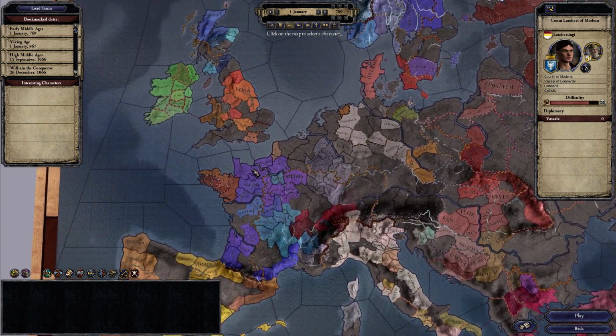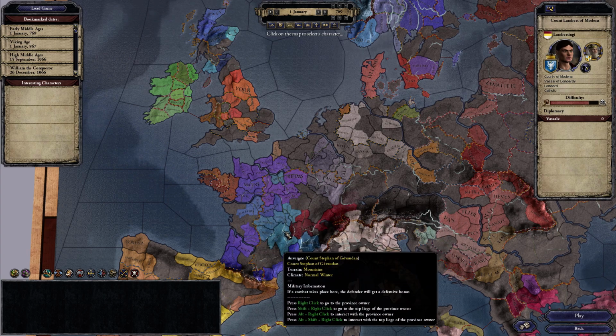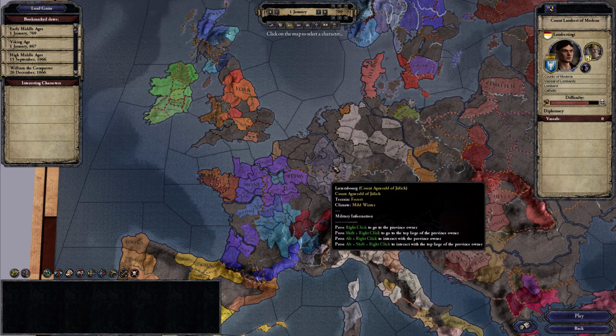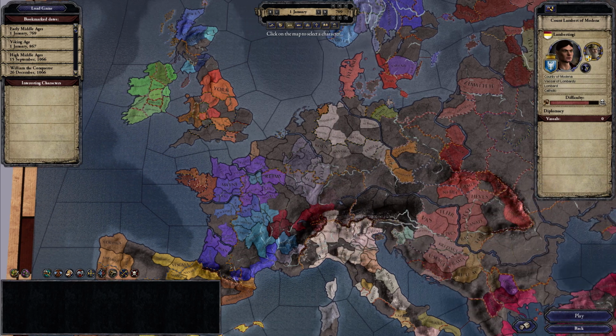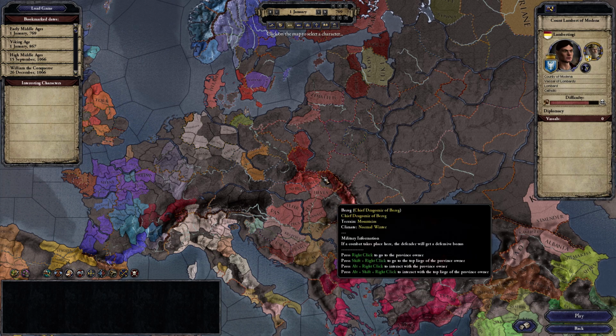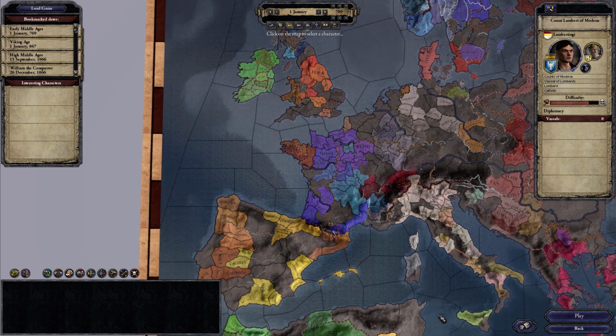So the French ones have this bluish purple coloring scheme, and the German counties are all sort of grey, and the Hungarian ones are this reddish, and the Irish are green, obviously.